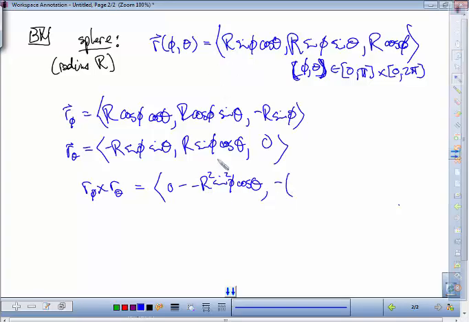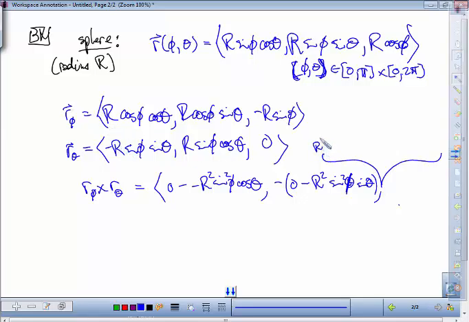In my j direction, it is going to be negative, I imagine crossing out my middle column, I'm going to have 0 minus a negative, which is a positive, R squared sine squared phi sine theta. And then in my k component, this is going to be a little bit longer, but this one is going to simplify.